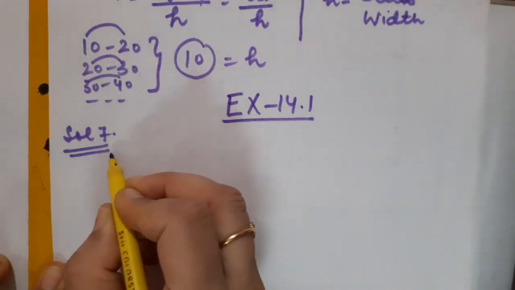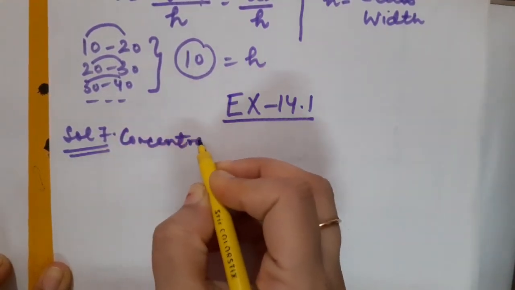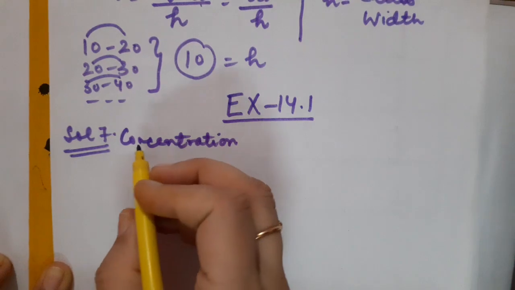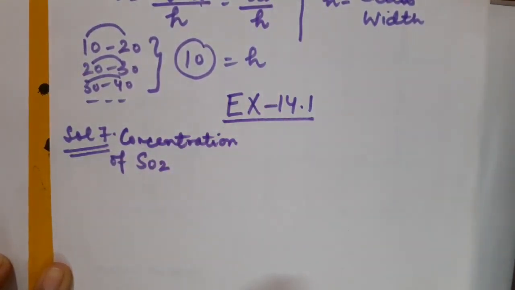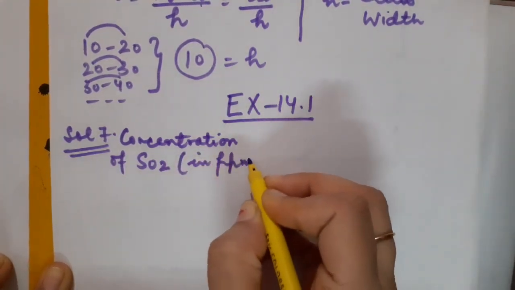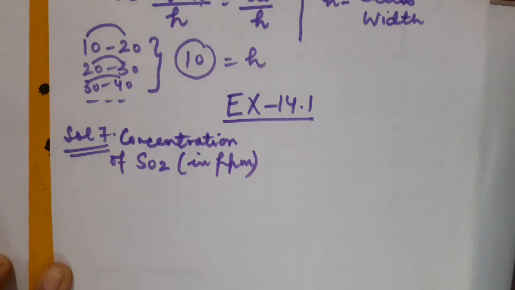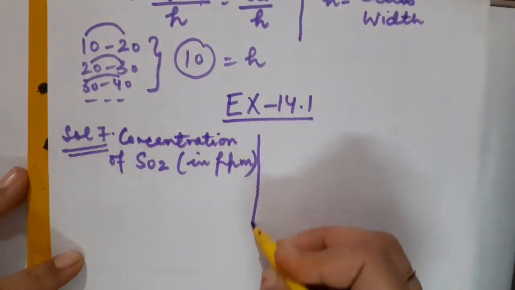I am writing here concentration of SO2 in air, that is sulfur dioxide in air. It is in ppm, that is parts per million. So what is the level given?